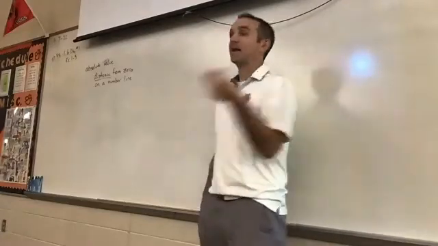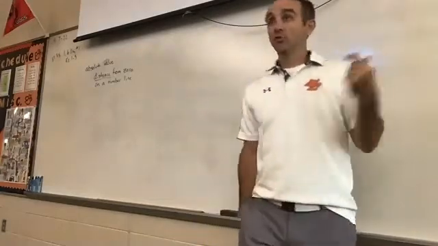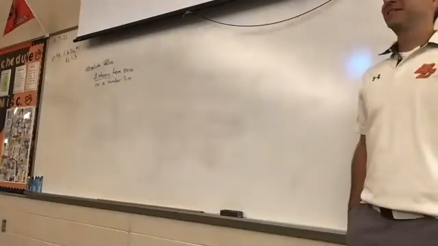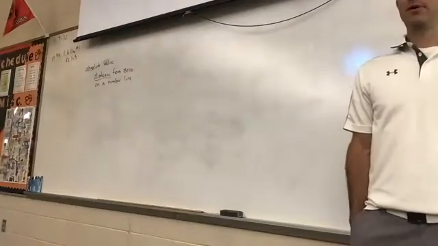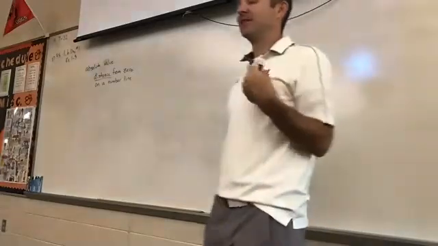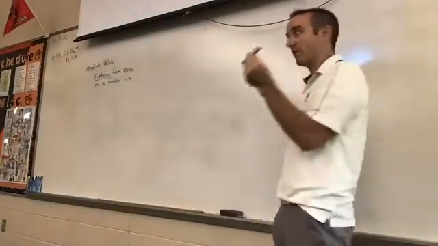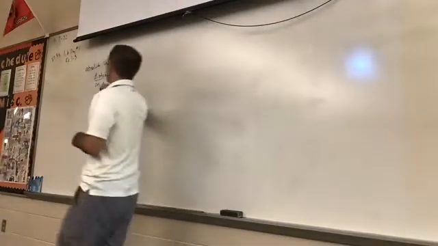You cannot run -3 miles. Can't do it. You can run 3 miles backwards, sure. That's still 3 miles. You're just doing it in a really weird way. Okay? So you cannot have a negative distance. You can't have a pencil that's -3 inches long. It doesn't work. So distance is positive. That's why absolute value is always positive.